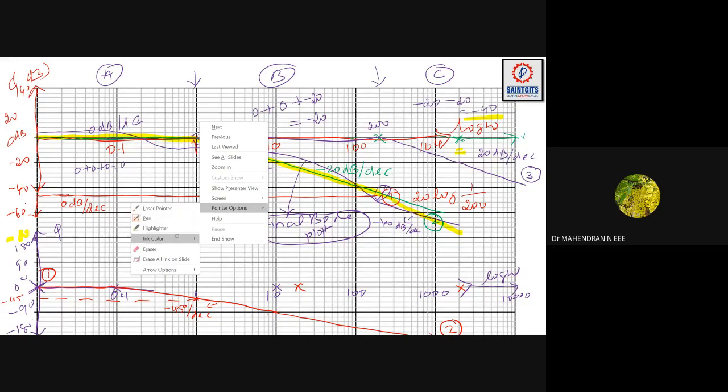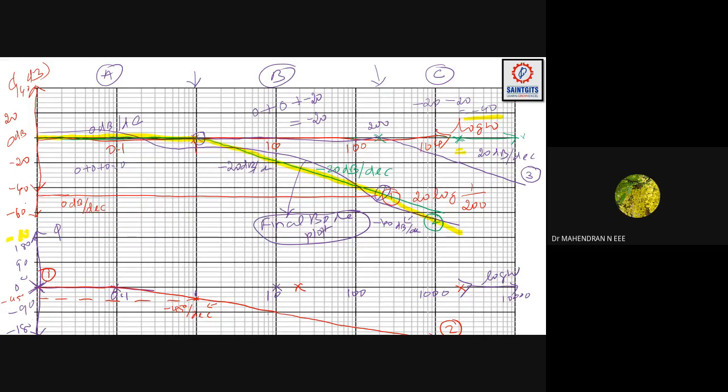So I will change the color so that we can understand clearly. The first plot will go up to the corner frequency, and it will reach here. This is your third plot. So many portions are there.